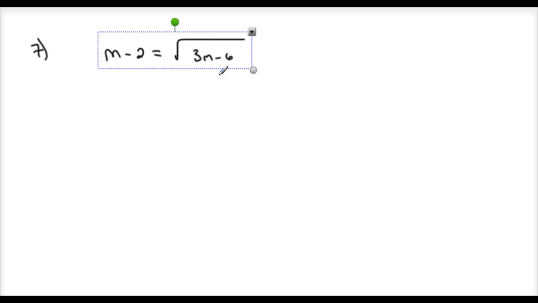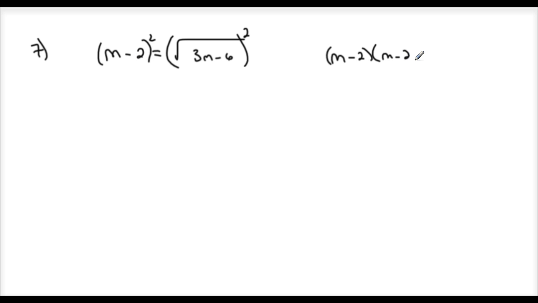Next example, m minus 2 equals square root of 3m minus 6. The square root is already isolated here, so I'm just going to square both of these terms. So squaring both of these, this becomes the quantity m minus 2 squared. So be careful here, okay? You have to FOIL this out. So m minus 2 times m minus 2. If you FOIL this, you're going to get m squared minus 2m minus 2m plus 4, or m squared minus 4m plus 4.